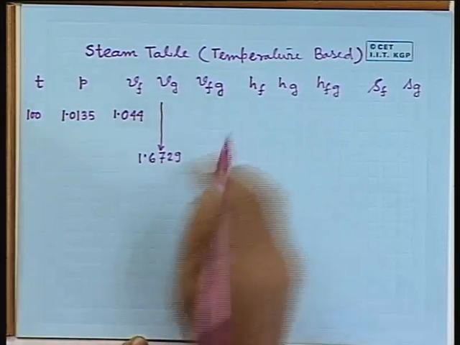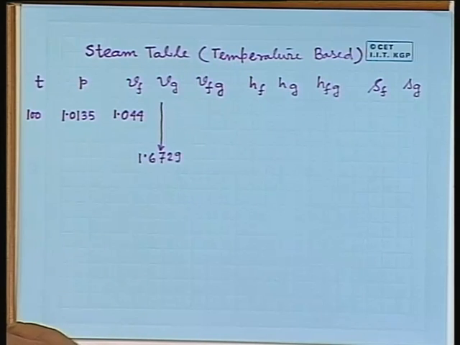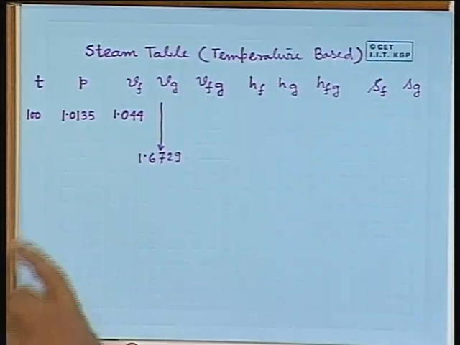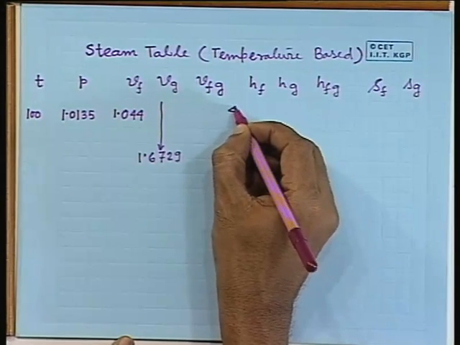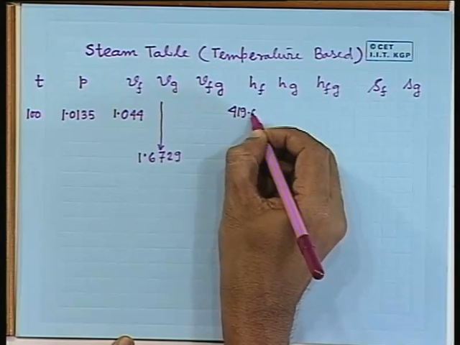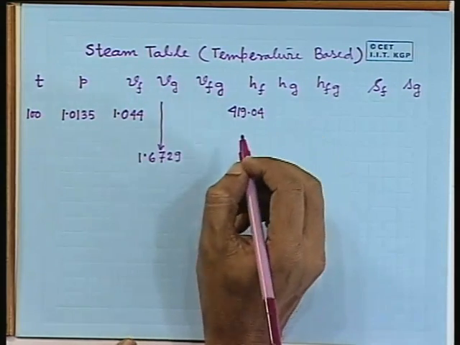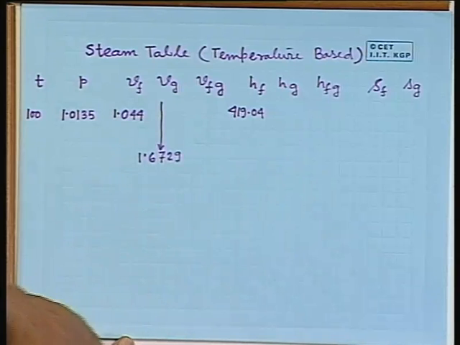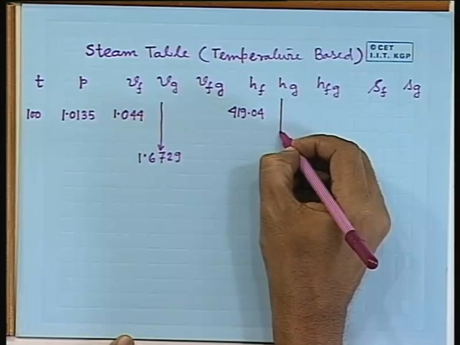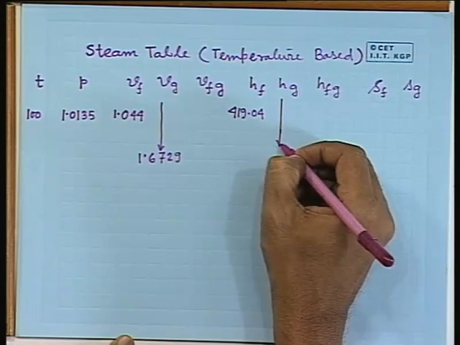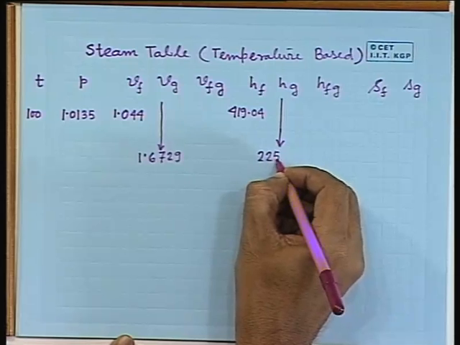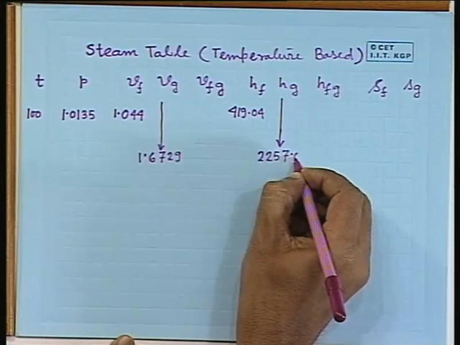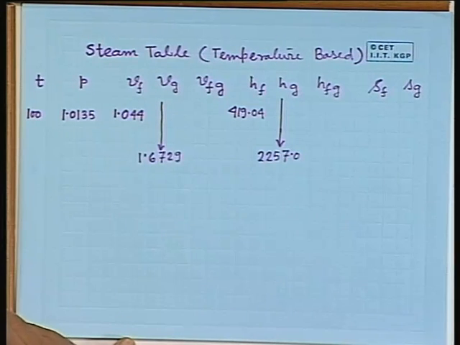Hf, that is the enthalpy of the saturated liquid at 100 degree Celsius, that means at atmospheric pressure, will be 419.04 kilojoule per kg. Hg, this will be 2257.0 kilojoule per kg.